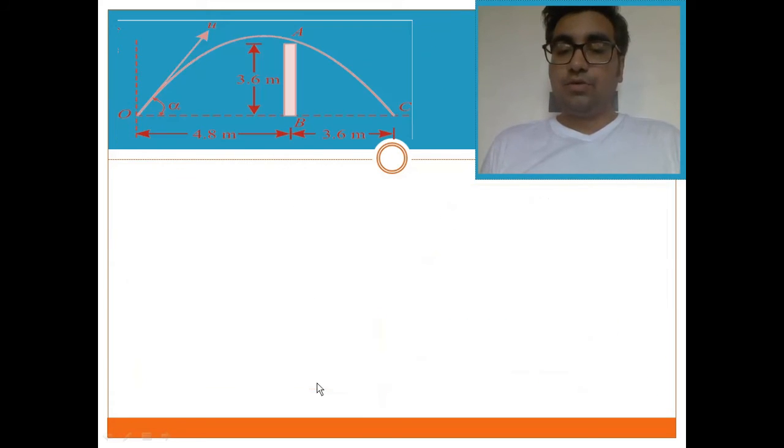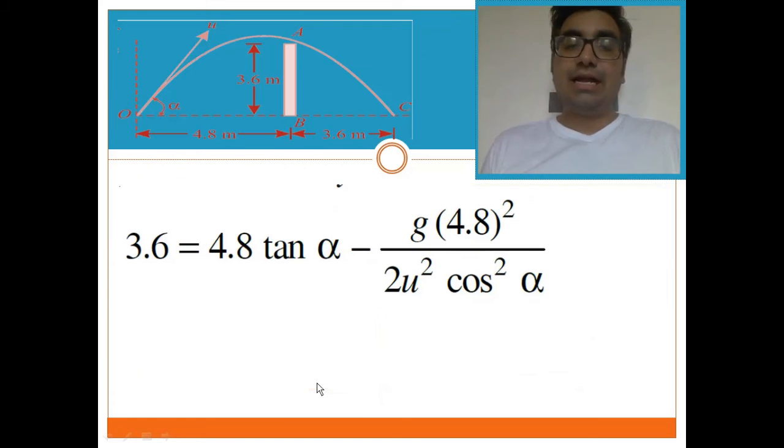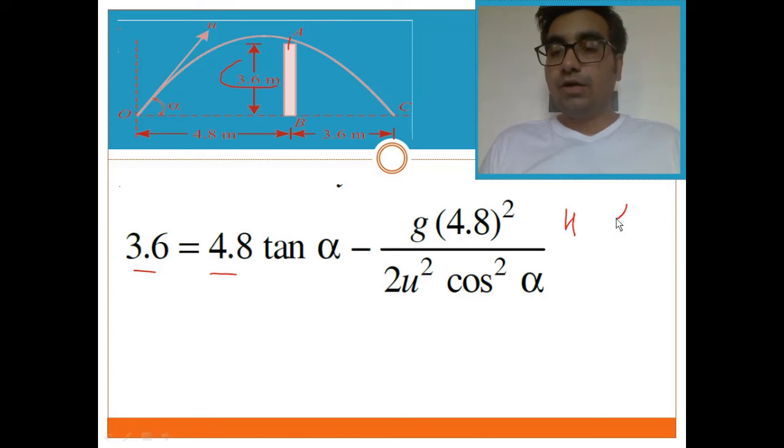So let's use the equation of trajectory and substitute at point A. When I do the analysis at point A, y is 3.6 and x is 4.8. So y equals x tan alpha minus g x square divided by 2u square cos square alpha. Here we have got an equation in terms of u and alpha.